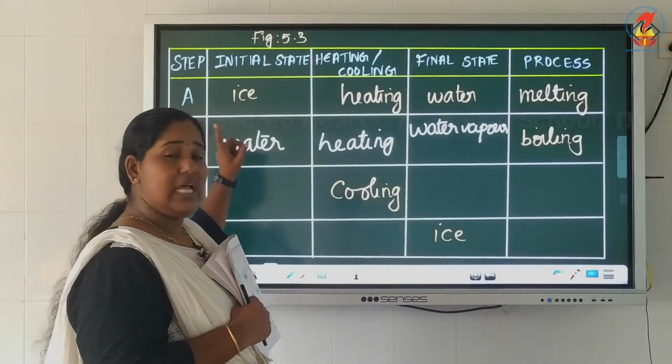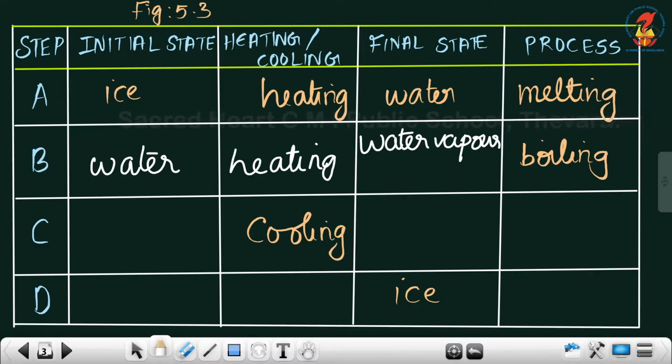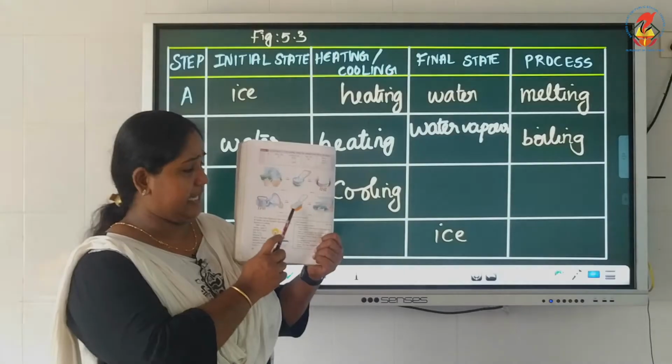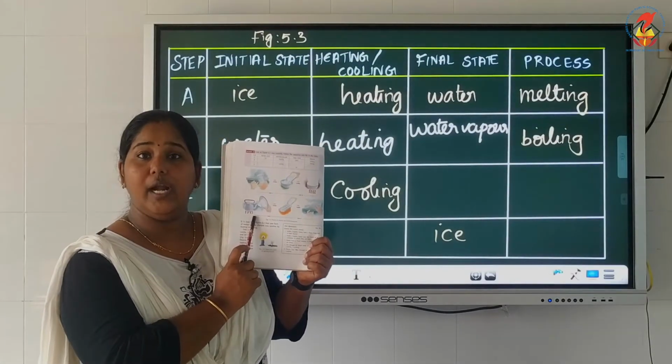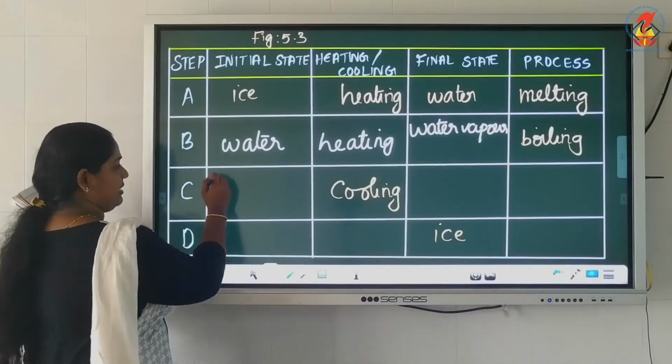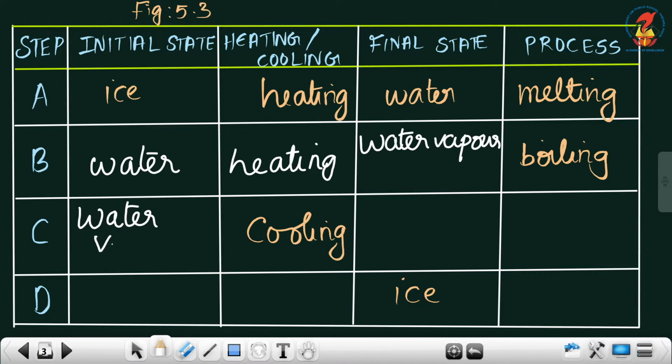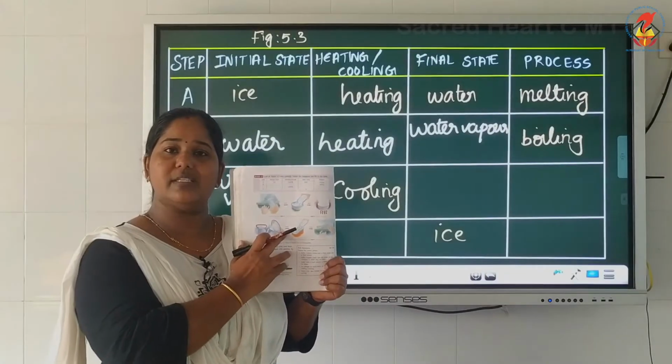First one was ice changing into water on heating, that is called melting. Second one, water changed into water vapor on heating, that is called boiling. Step 3 or step C, you have first and second picture together. First picture shows what? Water vapor. So, initial state is water vapor, and here it is written cooling. Above the arrow mark it says cool.